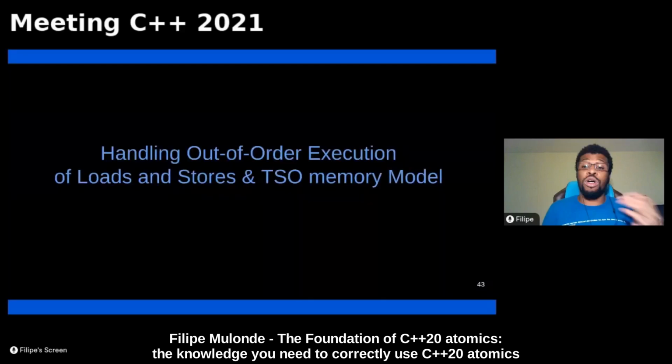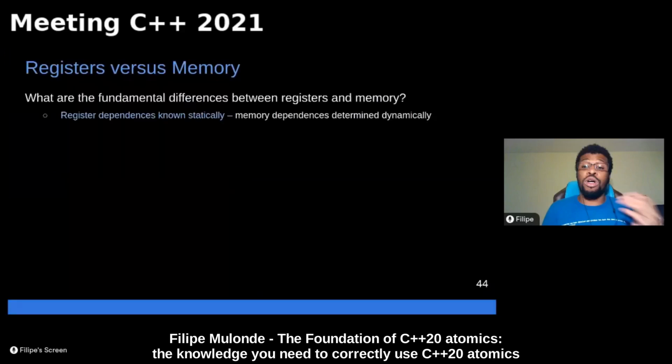So now let's talk about handling out of order execution of loads and stores and how this affects the total store memory model. First, let's understand the difference between registers and memory, because it's really important for the rest of the talk.